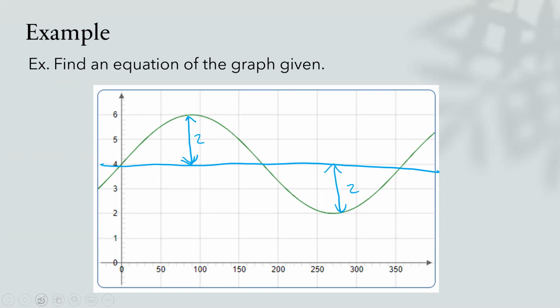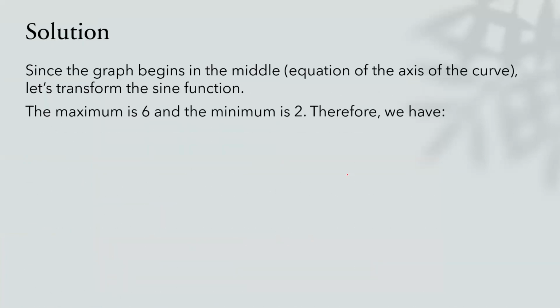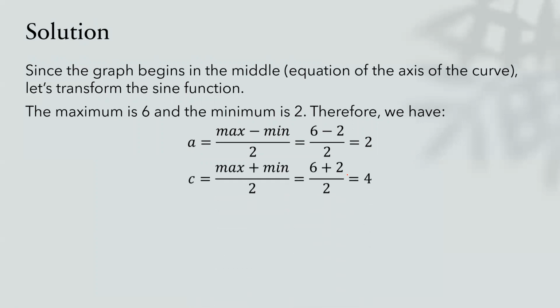Or we could also look at our amplitude as simply being half the distance between the max and the min. The distance between the max and the min is 4, so obviously half of that is 2. So the amplitude is 2. Of course, you could use the equation to justify your answer as well, or just to verify that it's correct.